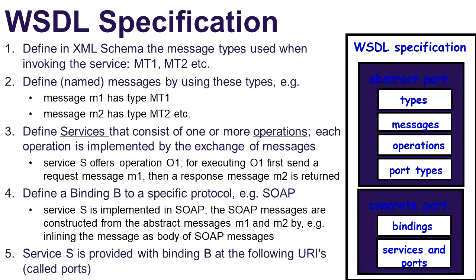But for now, let's just go through some of the ways to define the abstract part and the concrete part within WSDL. All right. So there are two parts, as you can see from the diagram. That's the abstract part and the concrete part within WSDL. So we need to know how to define messages under types. We also need to define the services and the operations within the services.